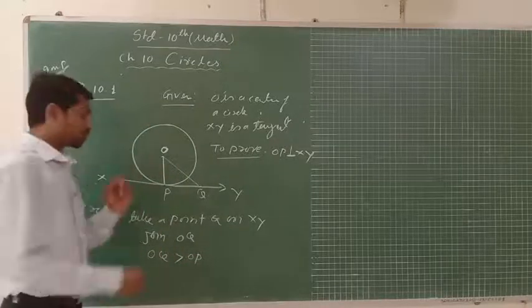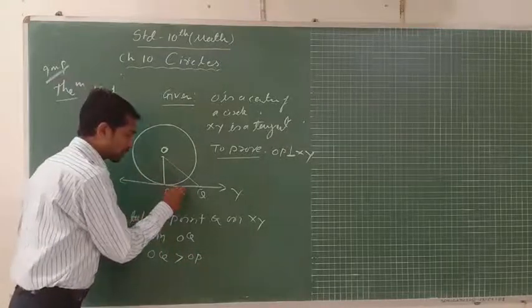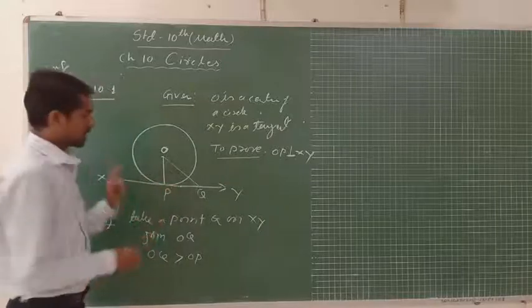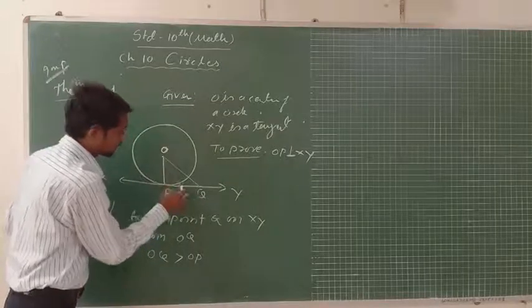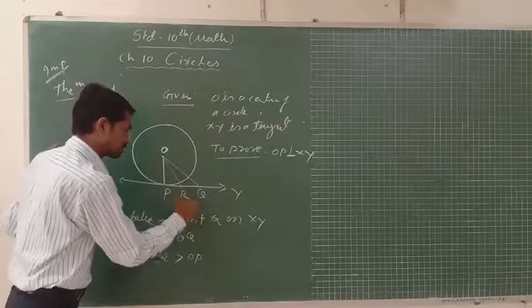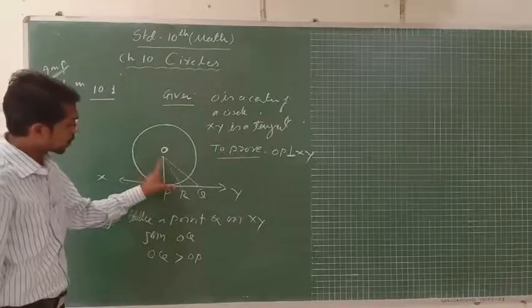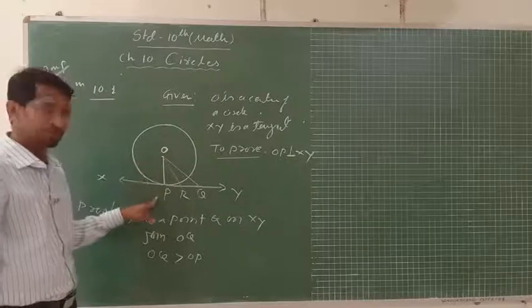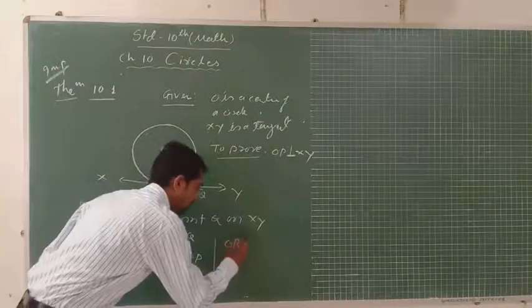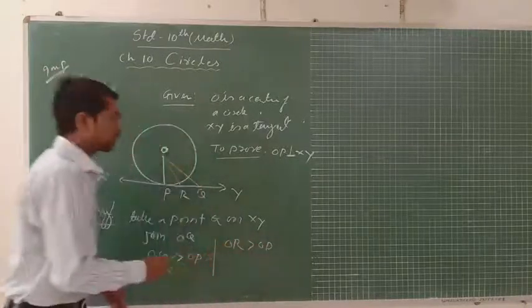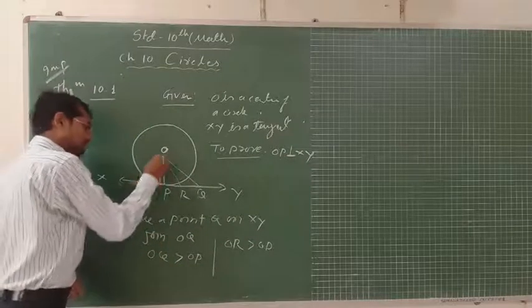If we take another point nearer to P but not on P, suppose this point, it is R. OR and OP. Again OR is also more than OP, right? You can take any point on this side also, such points.